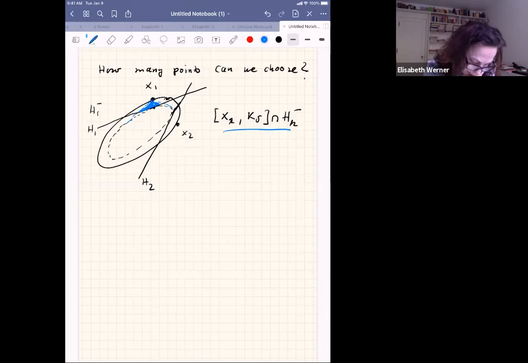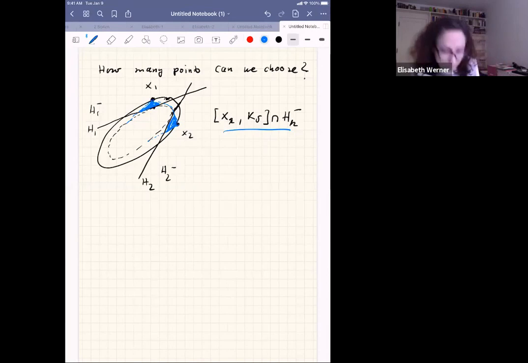So we do that for all k. Let's do that also for, say, k equals 2 on the picture. So I'll do the convex hull of x2 and the floating body and intersect it with H2 minus. So H2 minus is here. So I'll get this cone now.